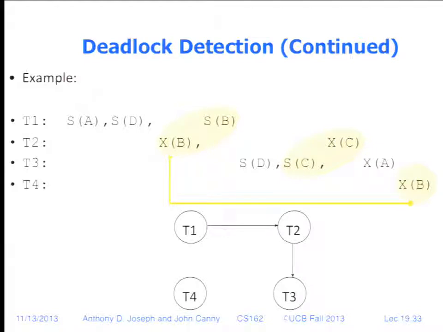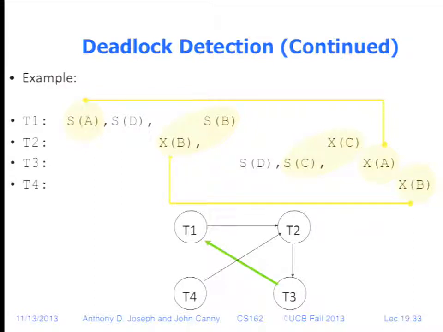So where does the dependency go? Yeah, T4 to T2. And there's one more that's important. T3 to T1. All right, and that's problematic, right? Because there's the cycle now. And so we can get deadlock in that situation.